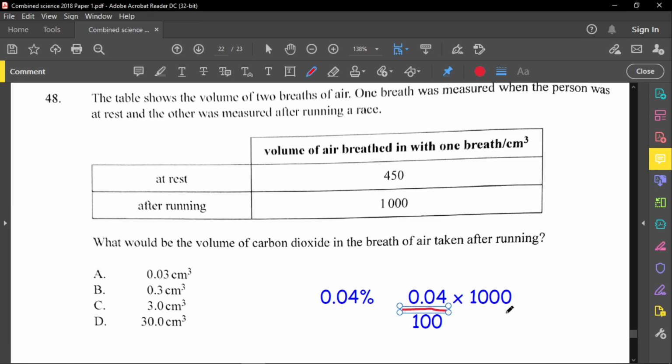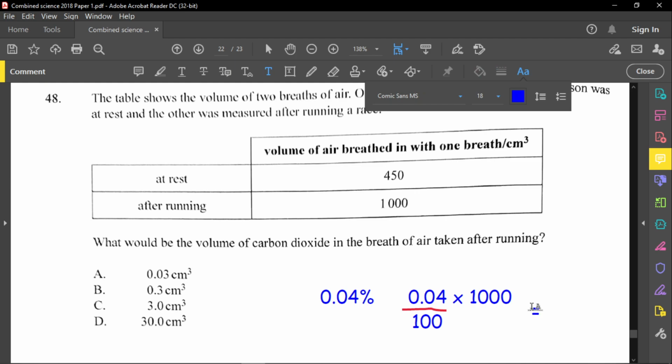And again, if you understand this, you could just cross out the 2 zeros and just multiply the 0.4 by 10. That will also give you the answer. So if you multiply 0.04 by 1,000, then divide by 100, your answer will equal 0.4. So 0.4 will be your answer.